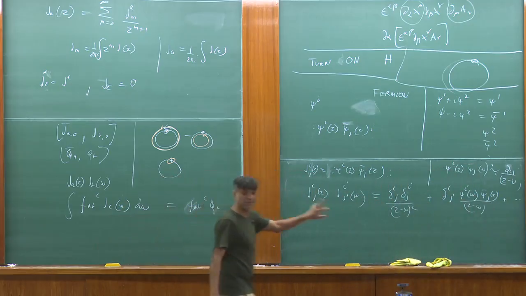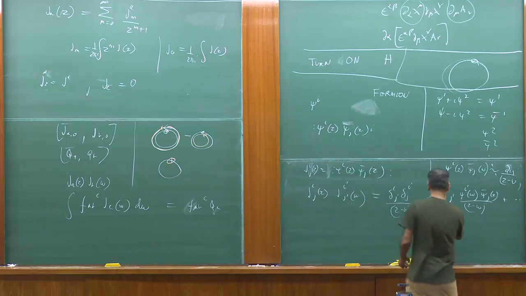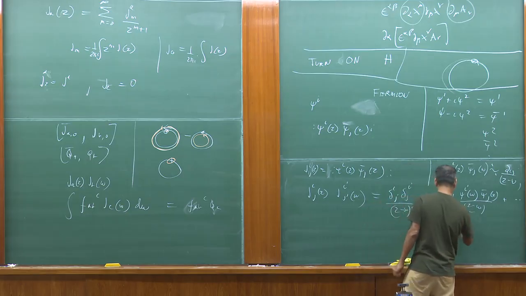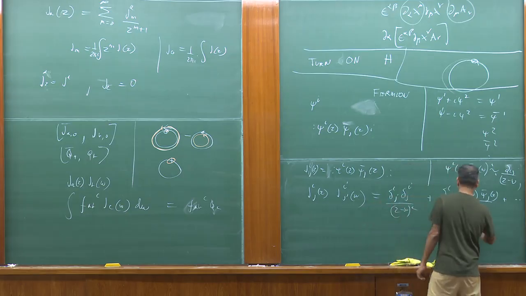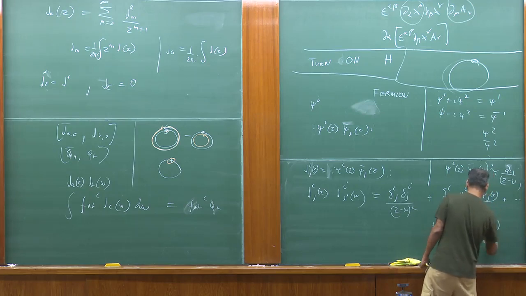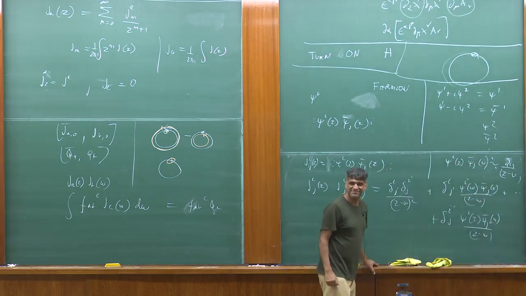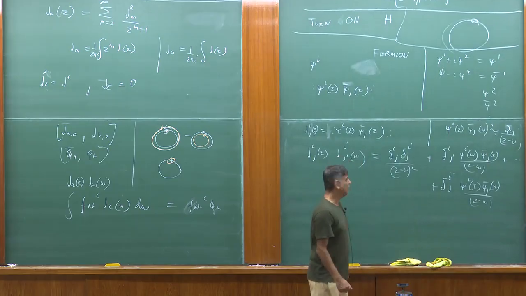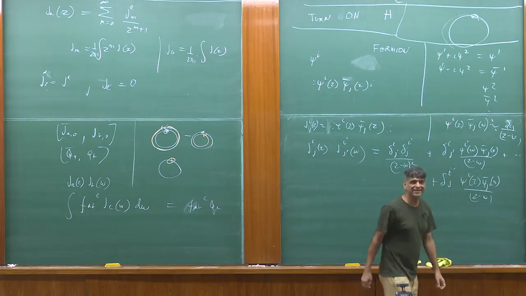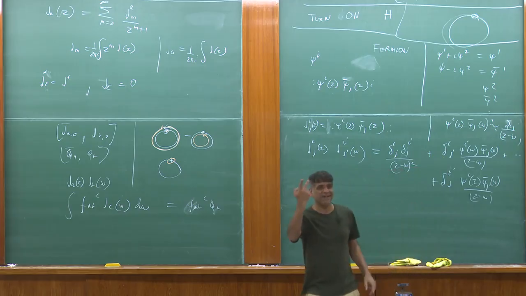And then there's one more term, plus delta_i'j psi I of z psi bar j prime of w over z minus w. And this, if you think about it, just gives you the f_ijk of U(N).